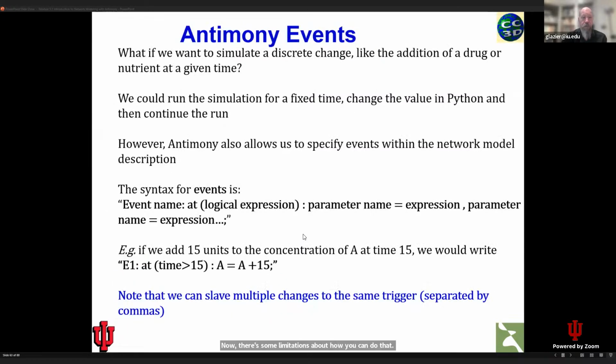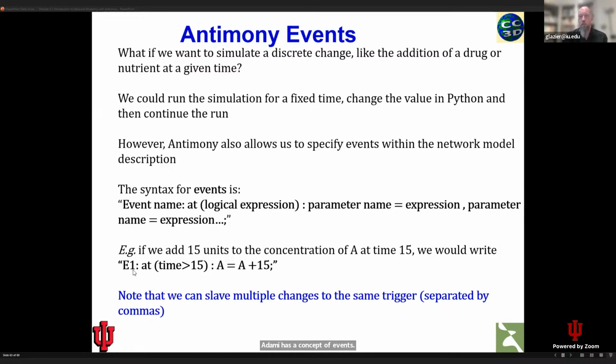Another thing is the difference between dynamics, things that change continuously in time, and events, things that happen at specific times. Antimony has a concept of events, very simple to specify, just like reactions.